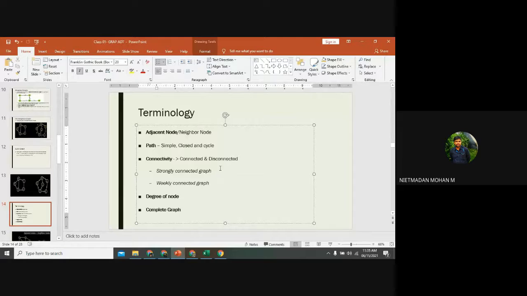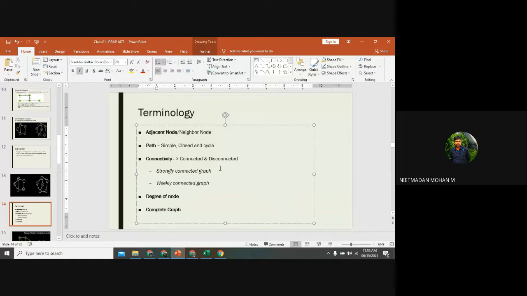What does terminology mean? Properties, parts. When you use a tree, these are all the terms that occur in the tree. These are all the parts and terms available in a tree. That is known as terminology. In the tree structure, we have a lot of terminologies.